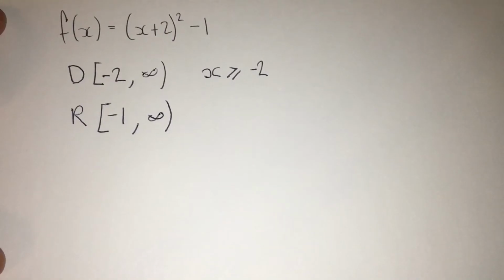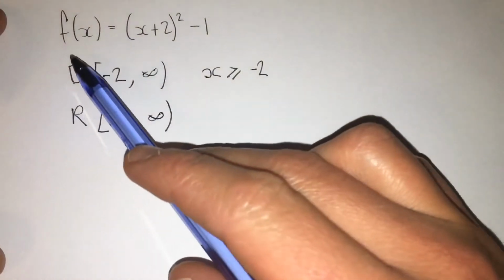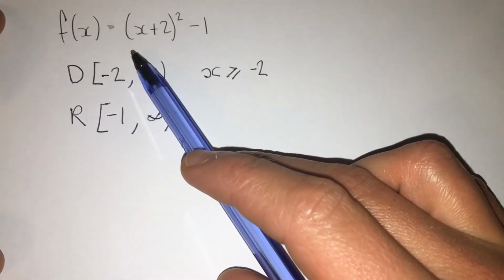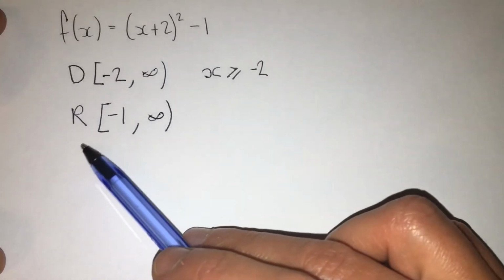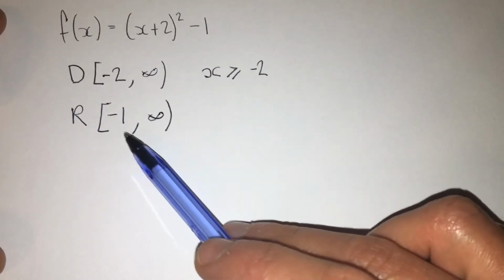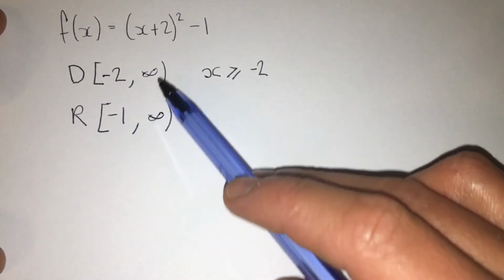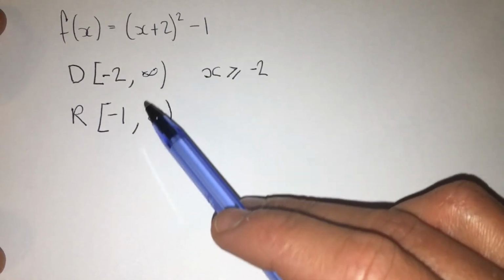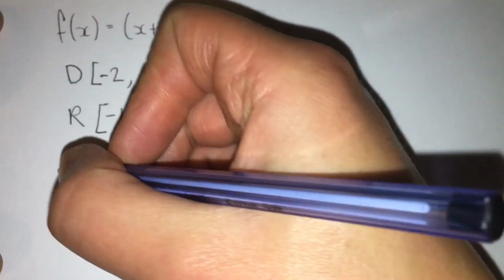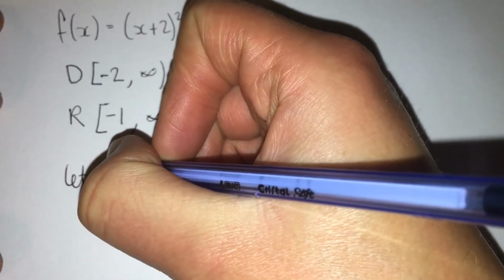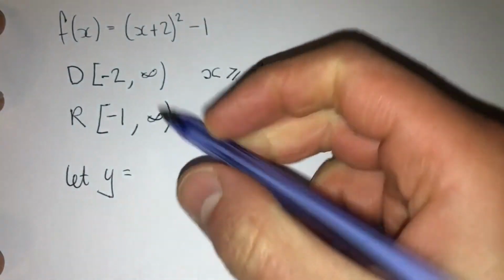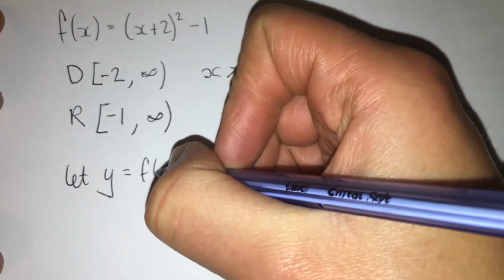Let's find an expression for the inverse of this function. So in other words, we're going to put in the range and get out the domain. So these are going to switch around. To find the inverse, we will say let y equal f of x.